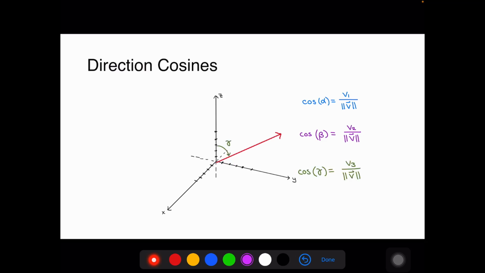And then finally, we'll say angle gamma is the angle between the z-axis and vector v. And again, using the same reasoning, using our dot product formula, we get cosine of angle gamma is the z component divided by the magnitude of v.